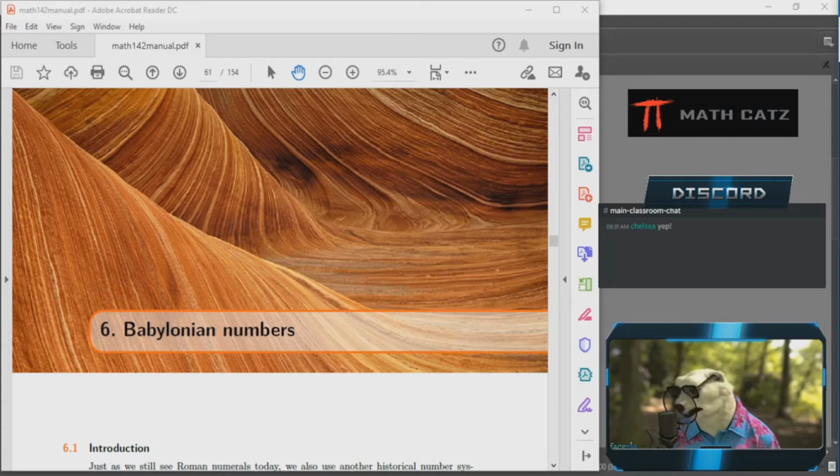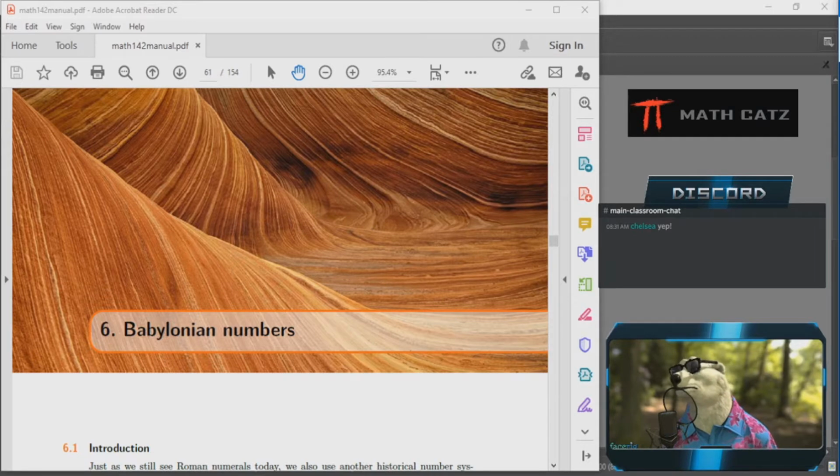All right, so what we have done so far is look at a different number system from history, the Roman number system, in a way that helps us with our goal.